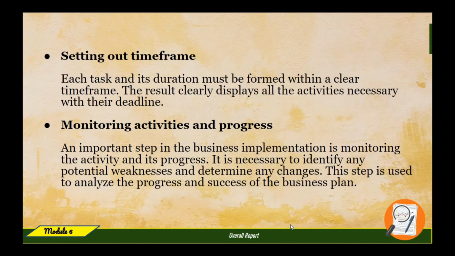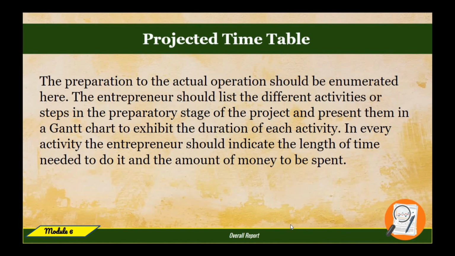Okay, we have here the projected timetable. The preparation to the actual operation should be enumerated here. The entrepreneur should list the different activities or steps in the preparatory stage for the project and present them in a Gantt chart to exhibit the duration of each activity, no?